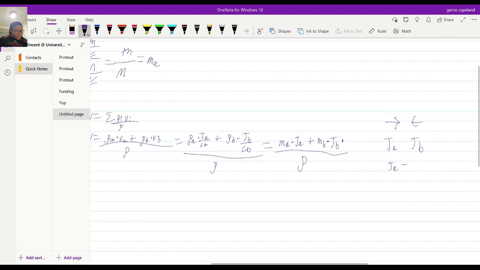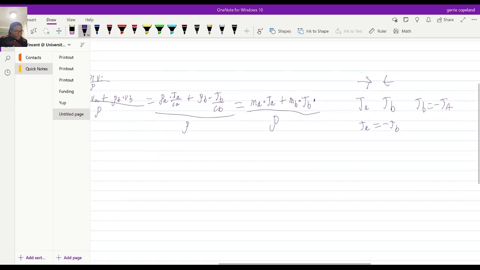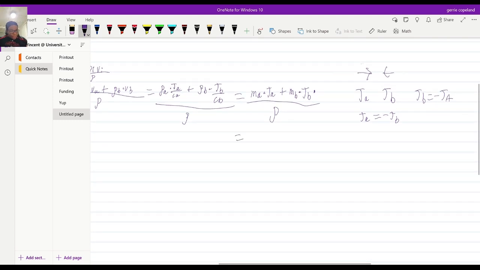That means the diffusive flux of A is equal to the negative diffusive flux of B. Therefore, the diffusive flux of B is just equal to negative diffusive flux of A. So we can move that in there.